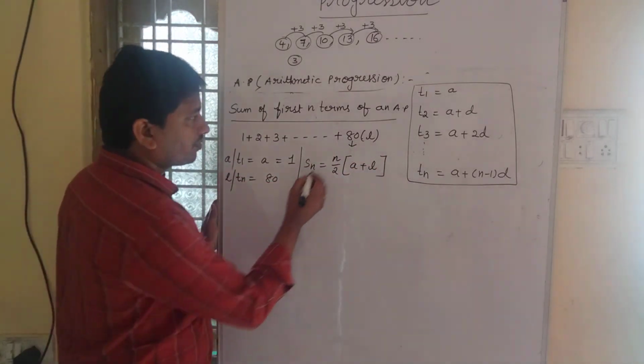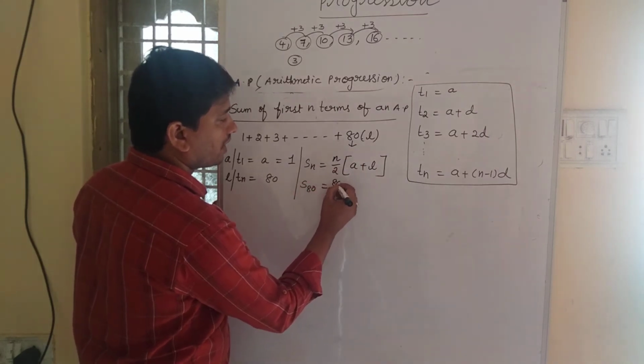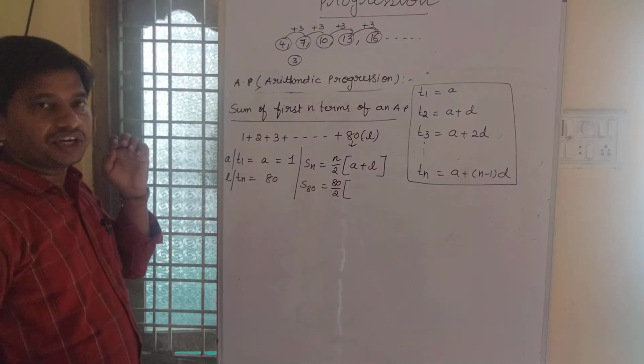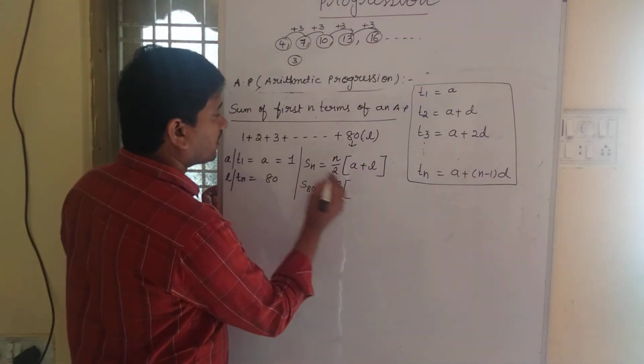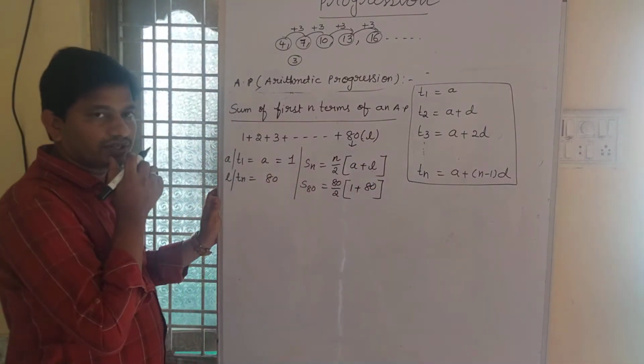Okay, so see here the number of terms is 80. So n value is 80 by 2. Sum of 80 terms. Here a is 1 and l is 80. Right?